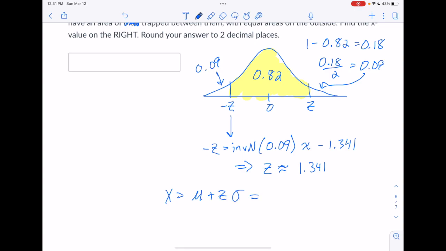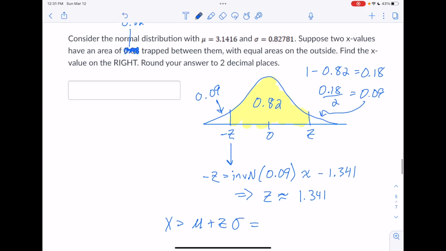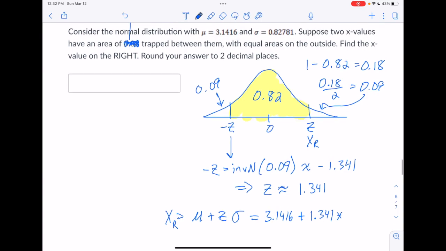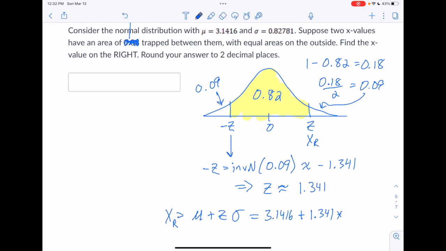So in this case, the mu was 3.1416 plus, because we want the x value on the right, we are going to use the z-score on the right. So 3.1416 plus z, which is 1.341, times the standard deviation, which was 0.82781.